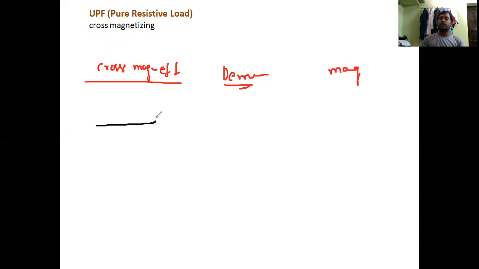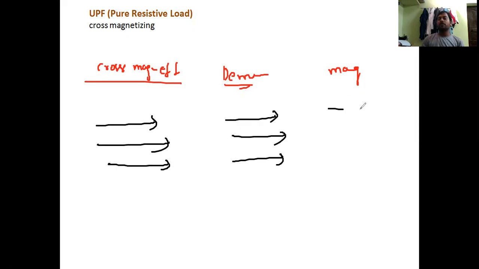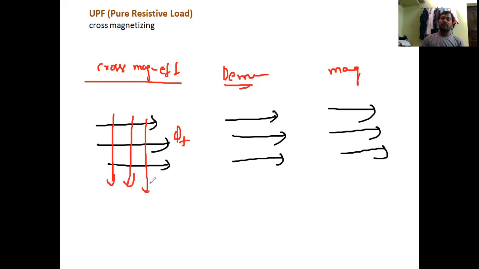For example, these are the main field flux. Look at this one, I'm using a black pen. These are the main field flux, common for all cases. I'm writing here, and with red, I'm drawing phi f, and this is phi a, the armature flux.